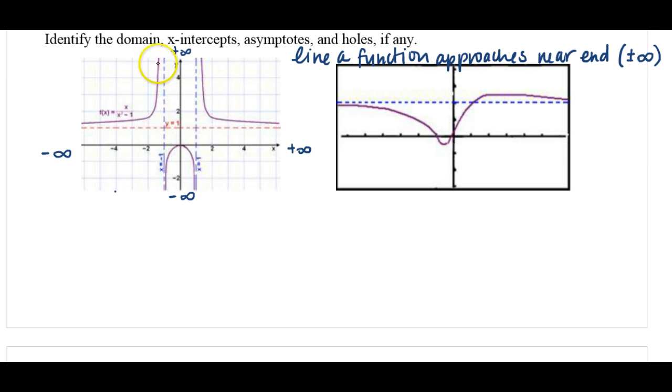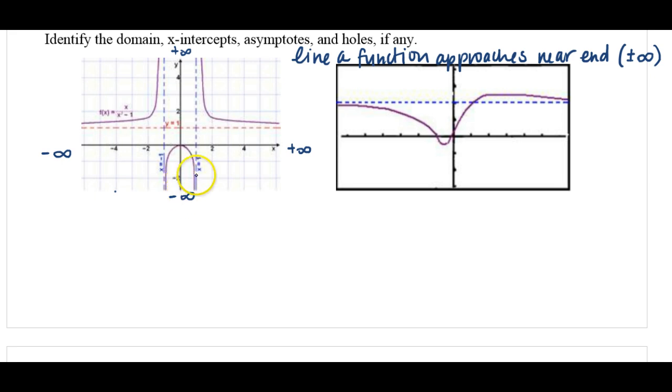So I'm getting closer and closer to negative 1 and positive 1, depending on what side I'm coming from on this particular function. And then down here, I'm getting closer and closer to negative 1 and closer to positive 1, depending on which side I'm looking at. So my function gets close to these two lines as I look at what happens towards positive and negative infinity.